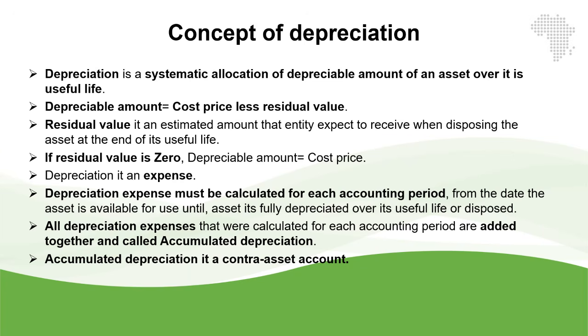But because accumulated depreciation is a contra asset account, it will increase on the credit side and reduce on the debit side. So it behaves the opposite way of an asset. This is very important because when you start doing your general ledger accounts, or your journal entries, you need to know exactly what to debit and what to credit.